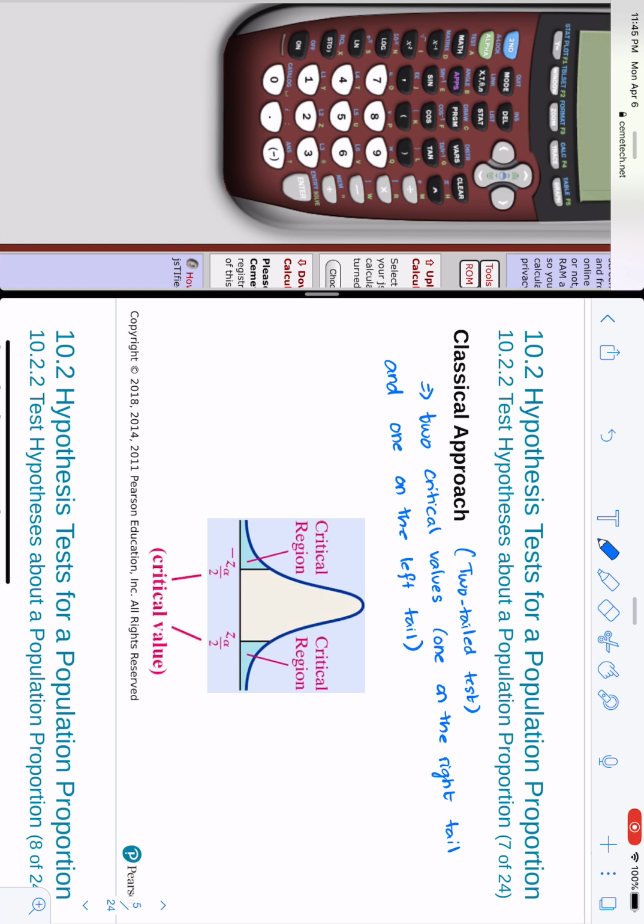The region here is what we call the critical region on the real number line.